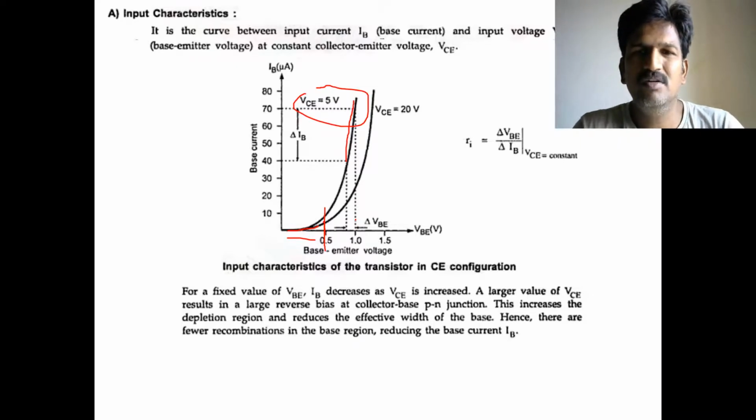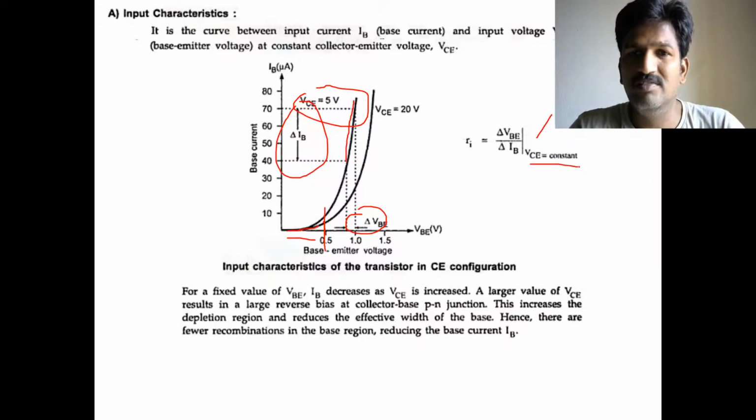And you should observe the ratio between the change of base to emitter voltage and the change of IB, the base current. Delta VBE is the smallest change of the base to emitter voltage, and delta IB the change of the base current.